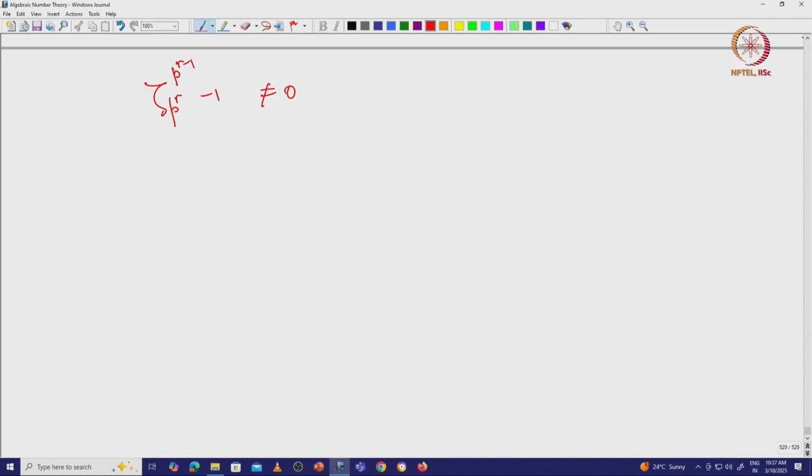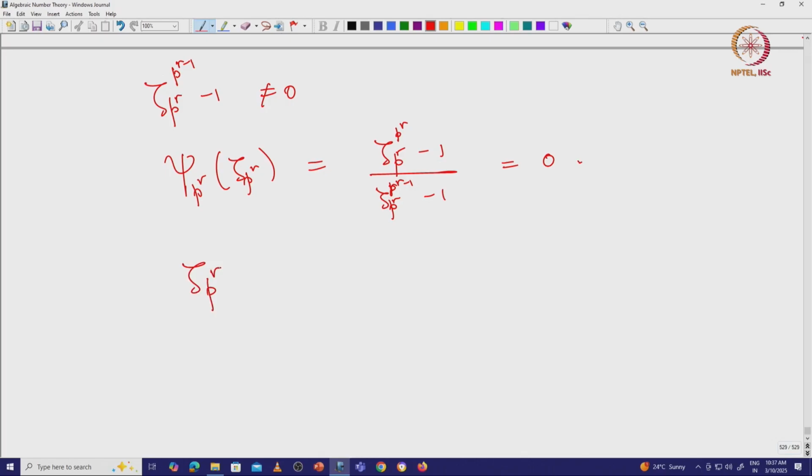So, when I evaluate psi p to the r at zeta p to the r, I can evaluate it like this. And I know that this is 0, right. So, zeta p to the r is a root of psi p to the r (x), right.